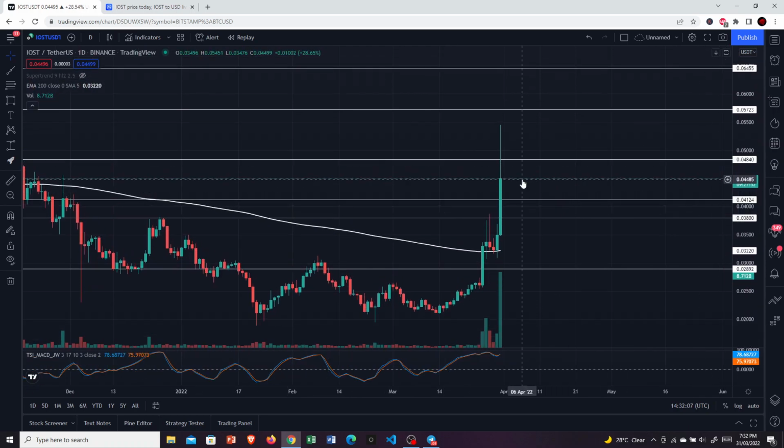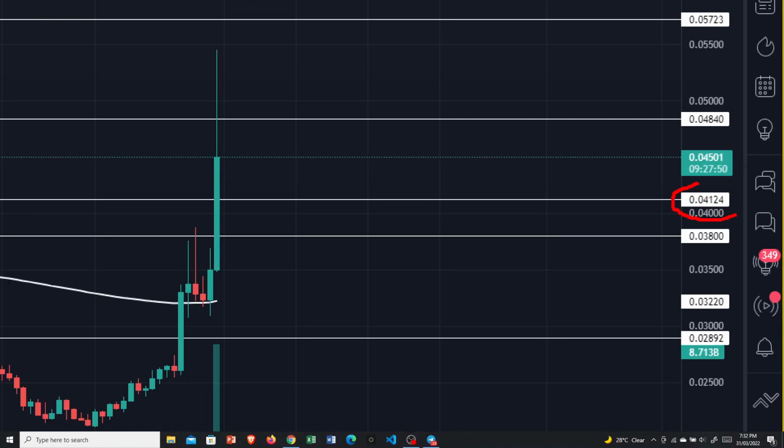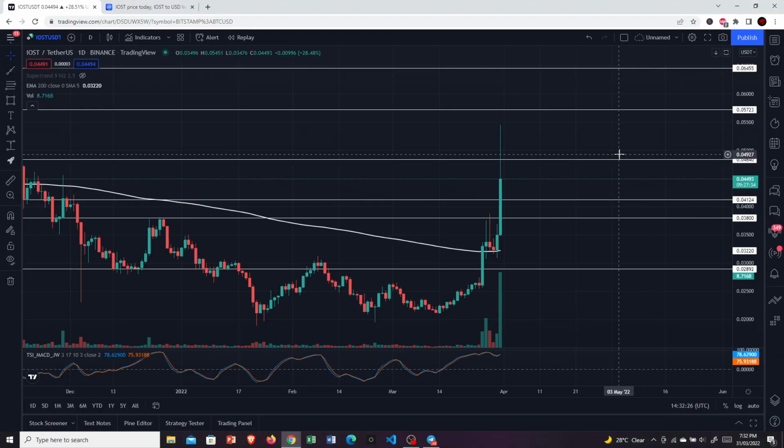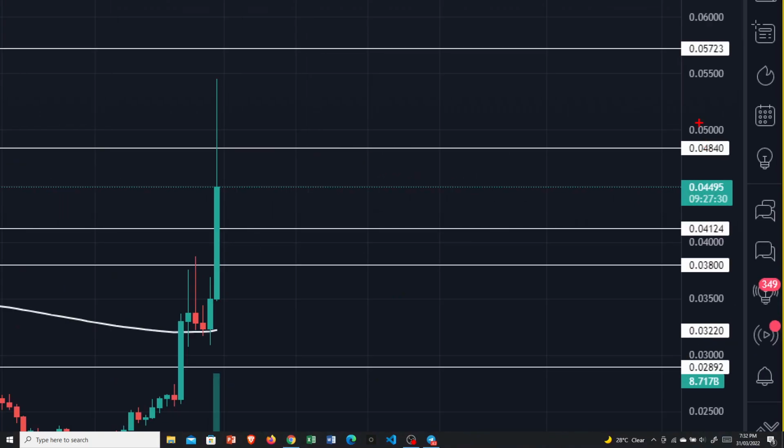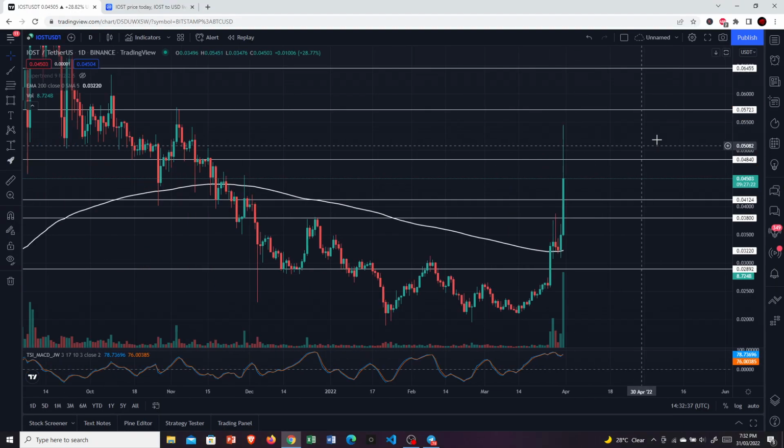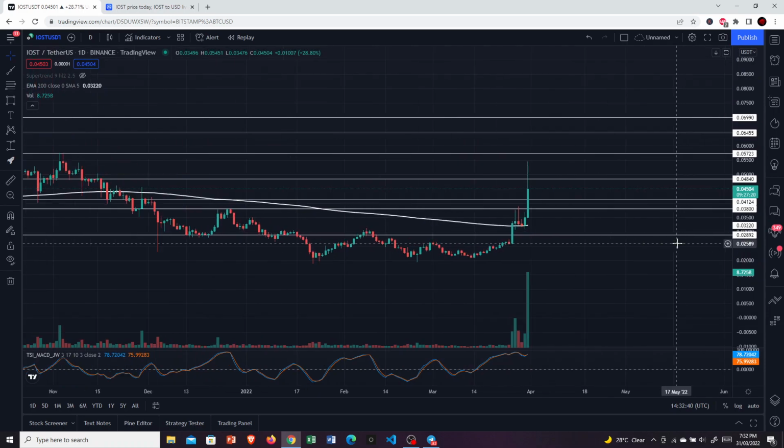The immediate support to the downside for IOST is at 0.04124, and the next support after that is at 0.0380. The immediate resistances to the upside are at 0.048 and then 0.057.